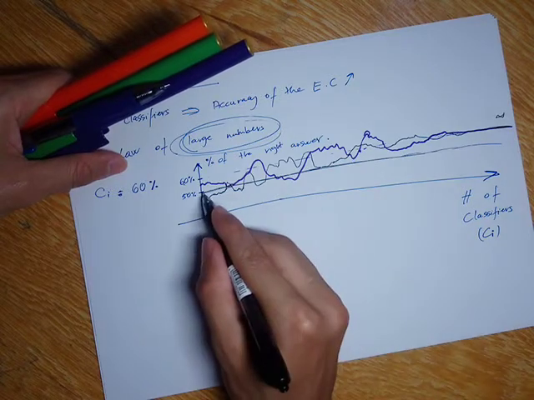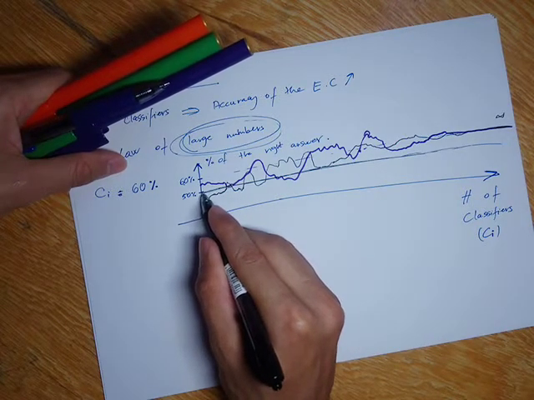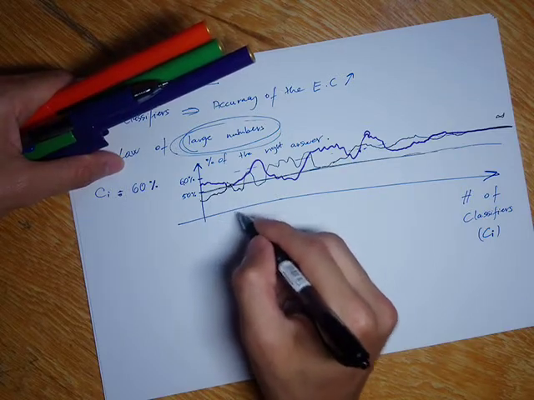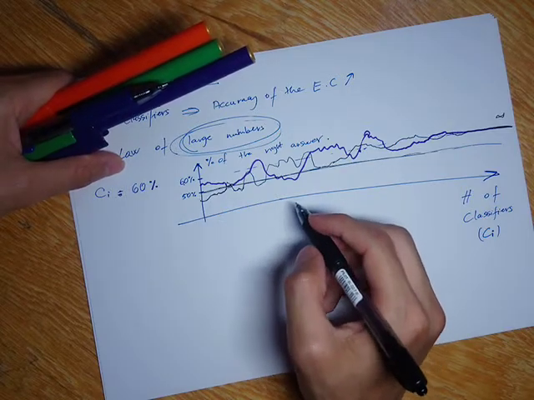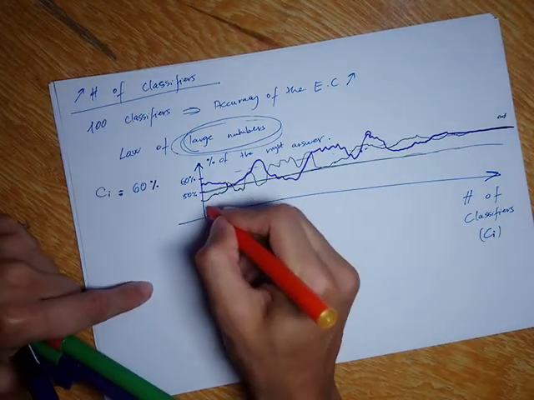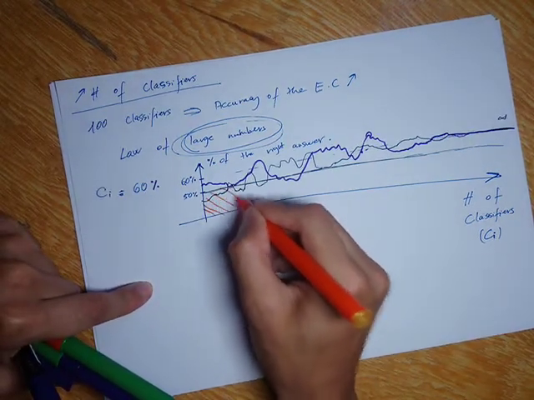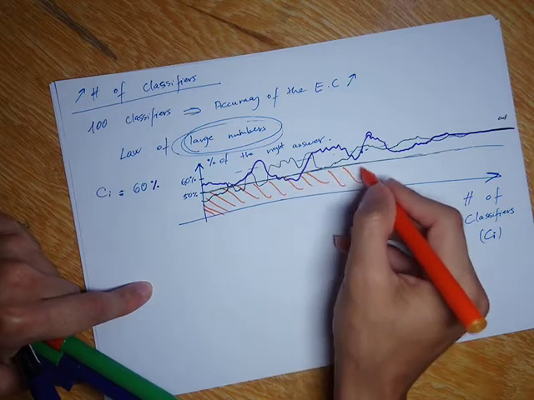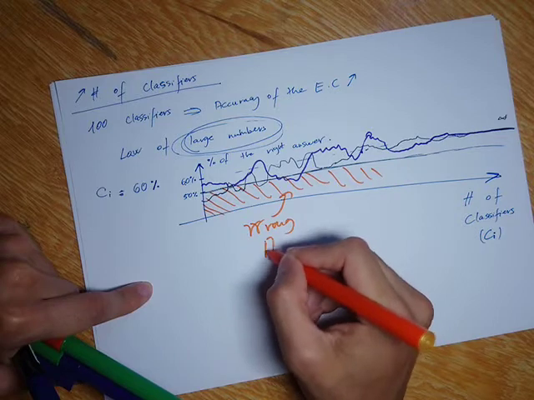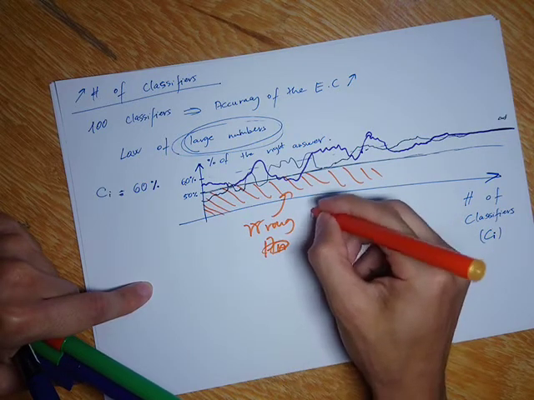And here we have a number of votes that is smaller than 50%. Therefore, everything that is under this 50% horizontal line is actually the wrong answer, or wrong prediction.